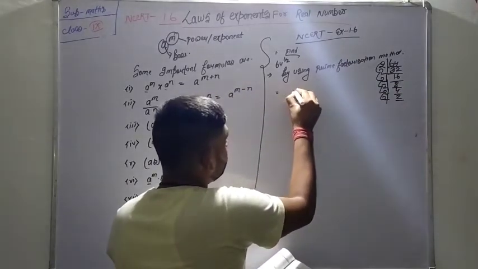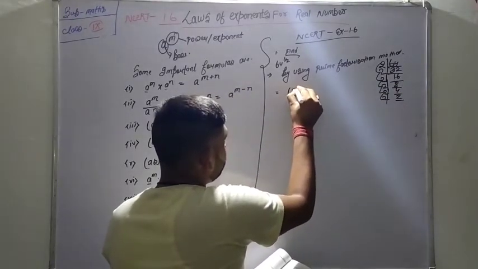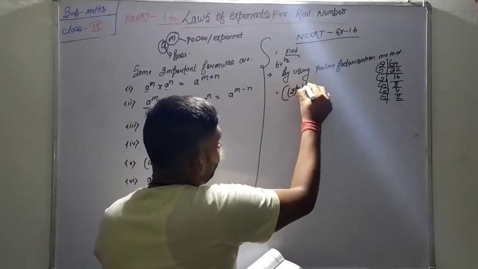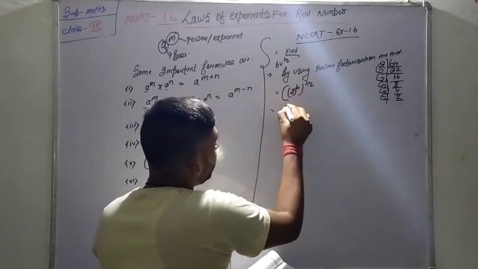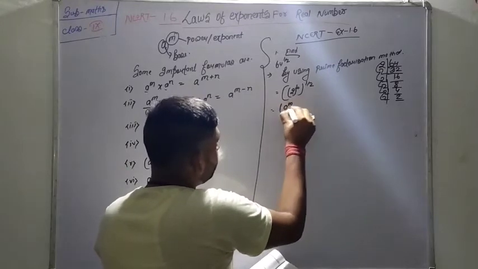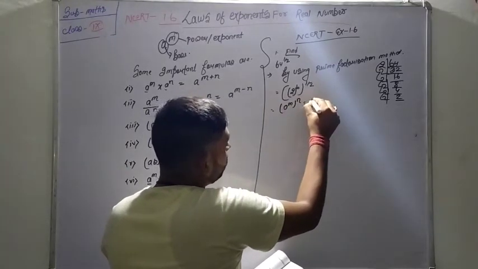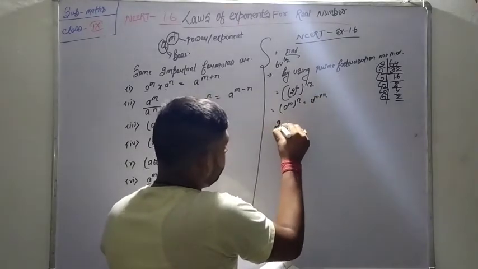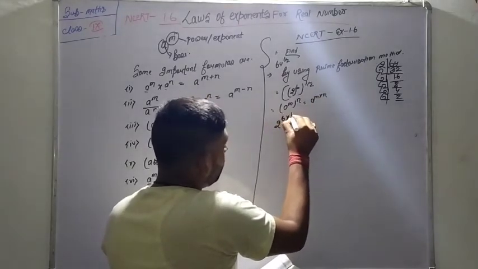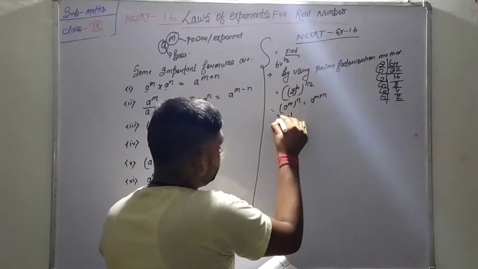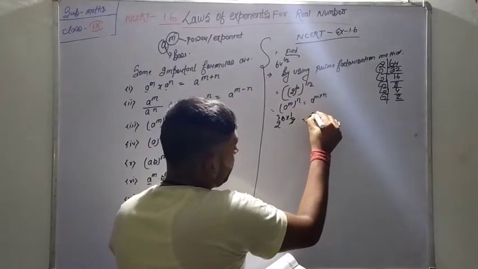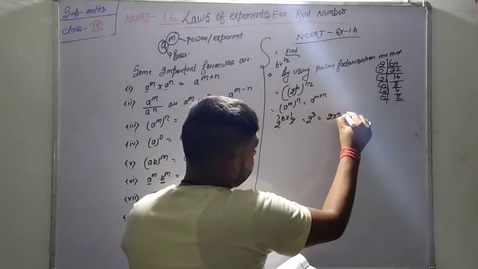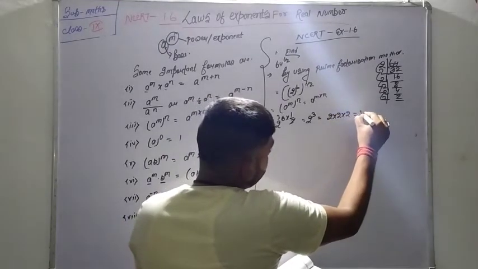That means 2 raised to the power 6, whole to the power 1 by 2. And now we know that a to the power m, to the power n, is equal to a raised to the power m into n. So 2 raised to the power 6 into half, which is 2 raised to the power 3, that is 2 multiplied 3 times, equal to 8.